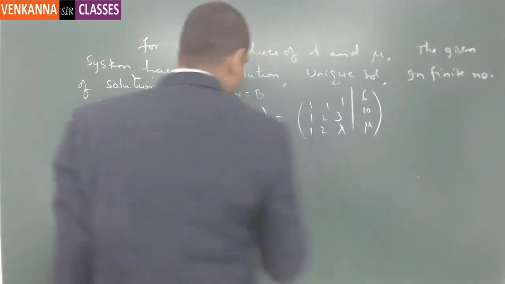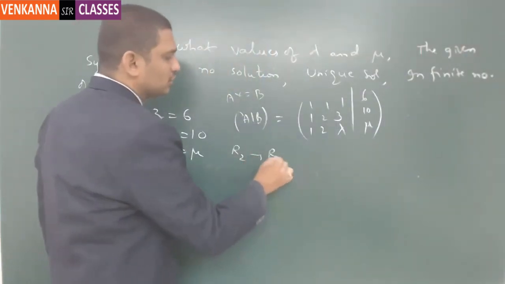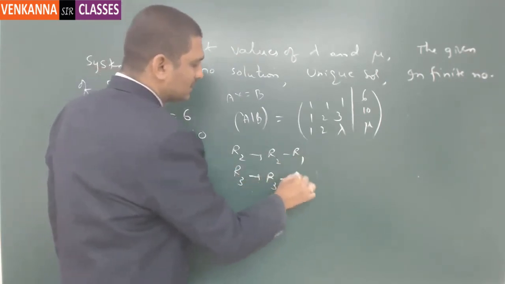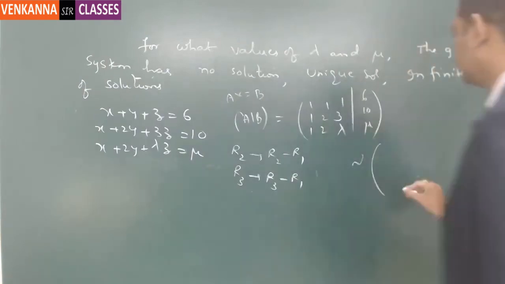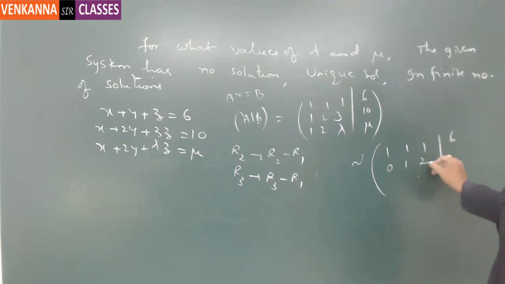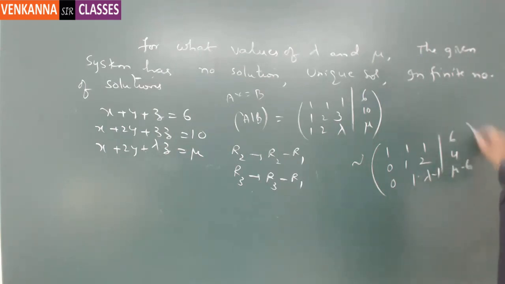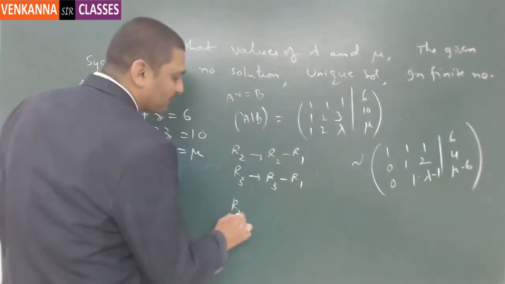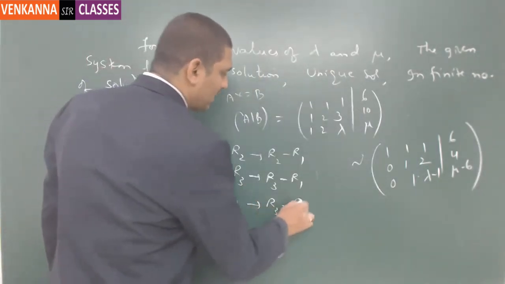So R2 tends to R2 minus R1, R3 tends to R3 minus R1. So equal to [1, 1, 1 | 6; 0, 1, 2 | 4; 0, 1, lambda minus 1 | mu minus 6]. To reduce that into echelon form, again, the value below the second diagonal element must be 0. So we should apply the operation R3 tends to R3 minus R2.